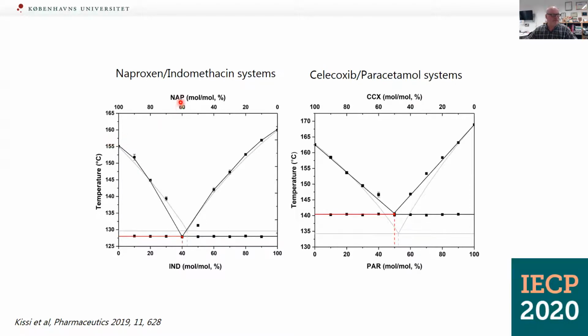So in case of naproxen, indomethacin, this would be around about 40 mole% of indomethacin and naproxen, 60 then accordingly. That would be the eutectic mixture where we only see one thermal event in the DSC. And for the celecoxib paracetamol system, this eutectic mixture would be around about 50%.